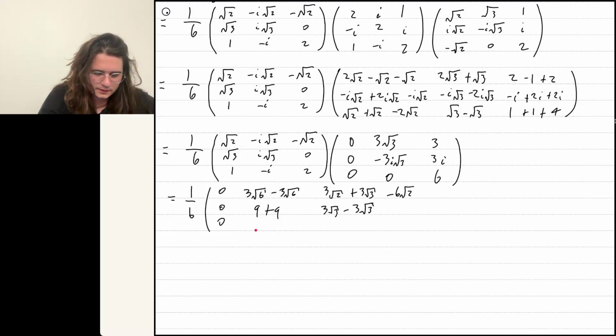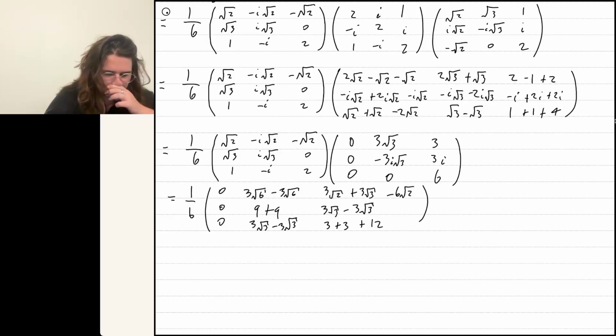And then this is 3 root 3 minus 3 root 3, 0. And then finally 3 plus 3 plus 12. Okay.